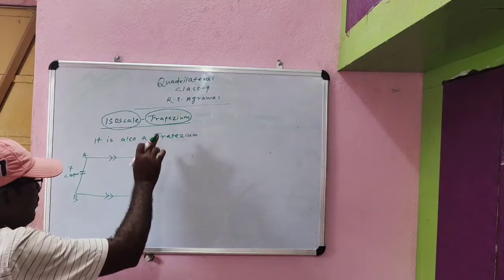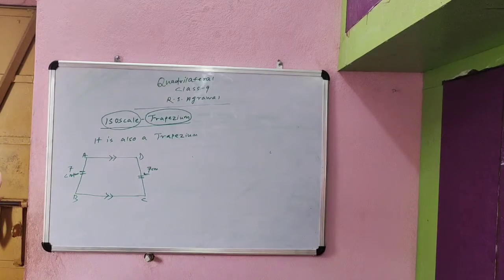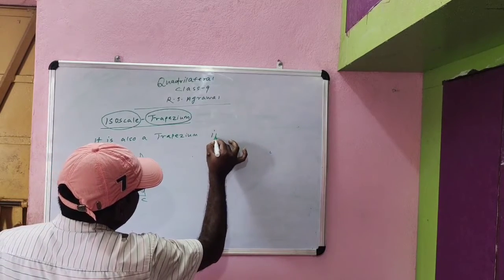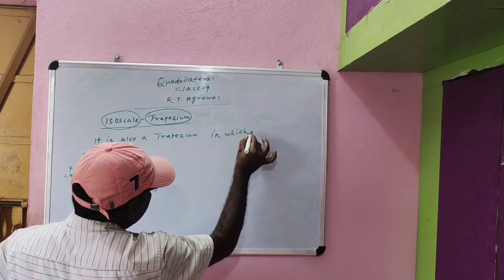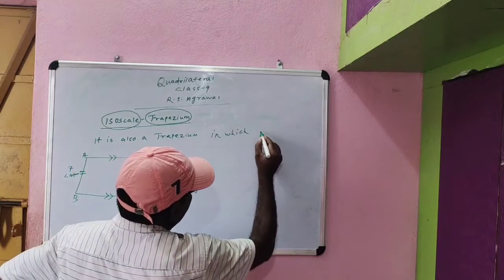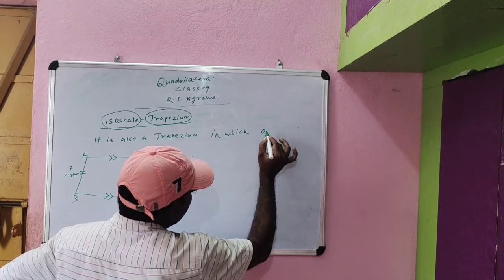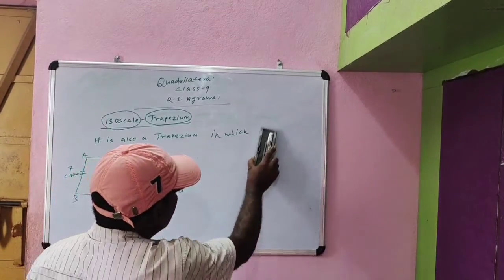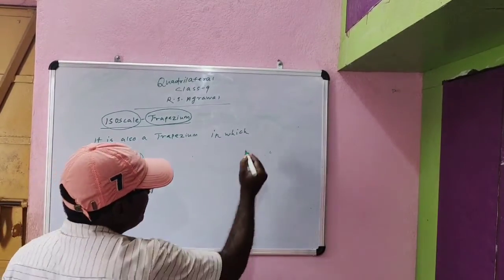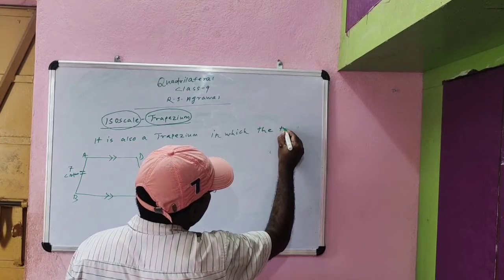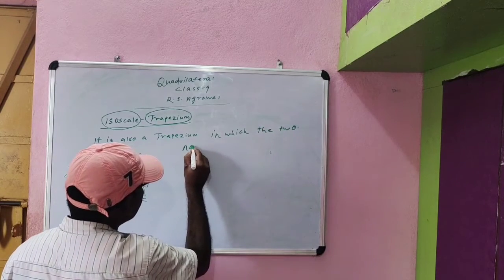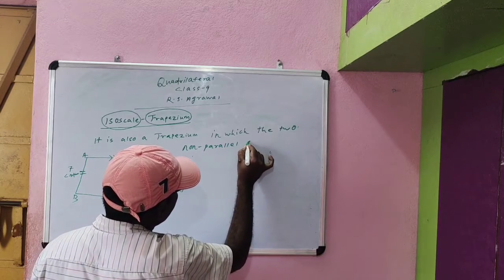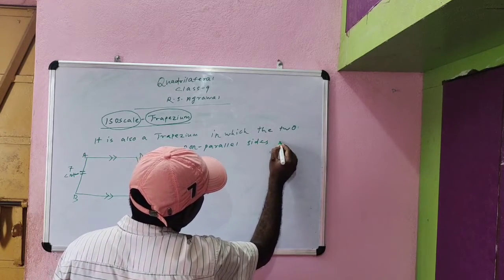So what will we call an isosceles trapezium? The trapezium in which the two non-parallel sides are equal.